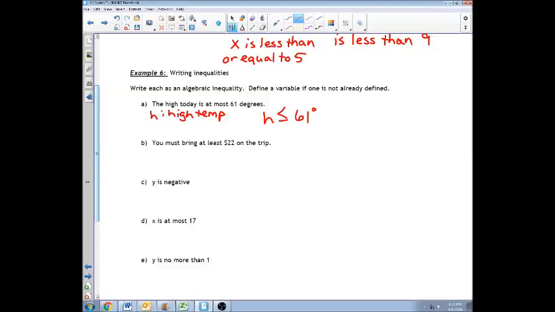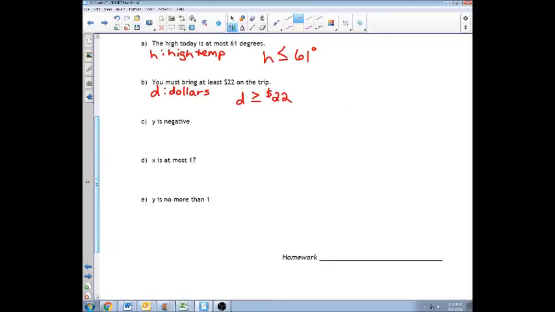If $22 is the minimum you can bring, I'm going to use D for dollars. If $22 is the minimum you should bring, then I need to have more or equal to $22. So the amount of money I bring needs to be greater than or equal to the $22 because $22 is the minimum I need to bring on the trip.